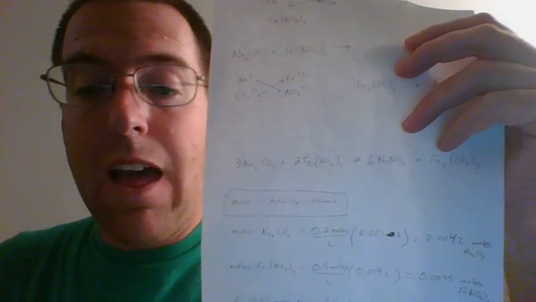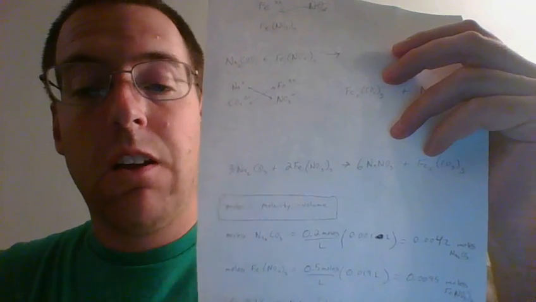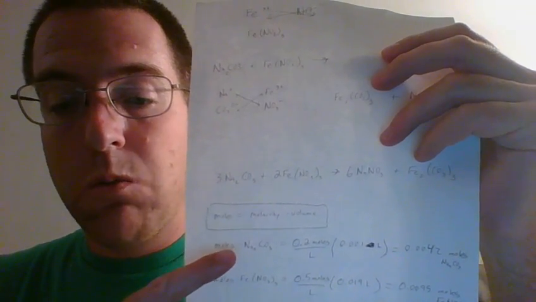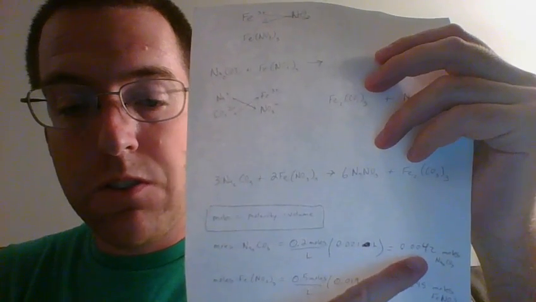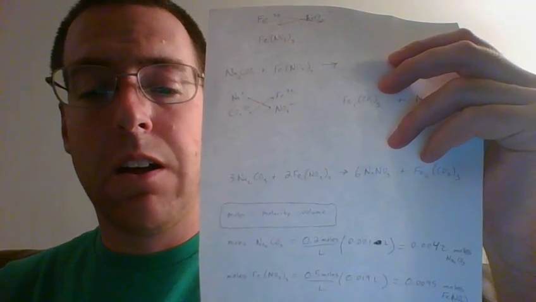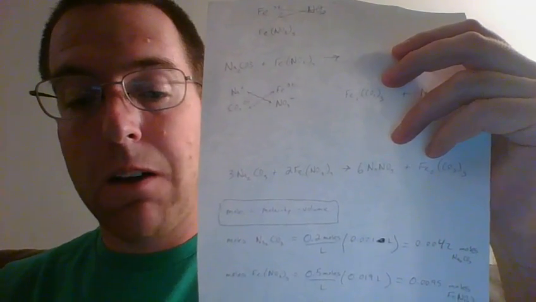All right, so for that, we now need to look at the coefficients from our balanced chemical equation. We're going to take one of these two. We'll go with the number of moles of sodium carbonate here. We're going to convert it to how many moles of iron(III) nitrate we would need to completely react with that compound.